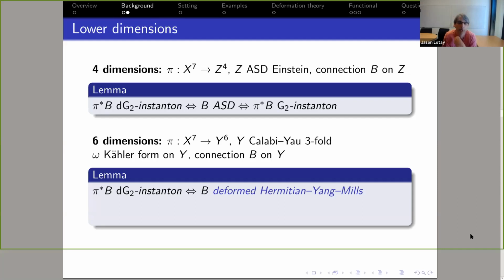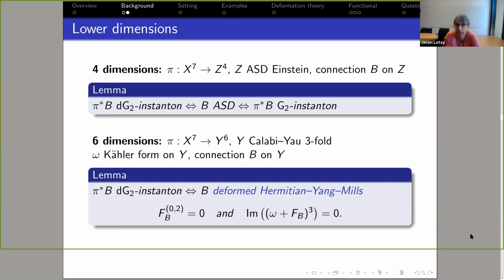So let me remind you what that means. That means that the (0,2) part of the curvature of B is 0. So that looks just like Hermitian-Yang-Mills. And the deformed bit is that you have a cubic expression that has to be 0. So the imaginary part of (omega plus F_B) cubed is equal to 0.